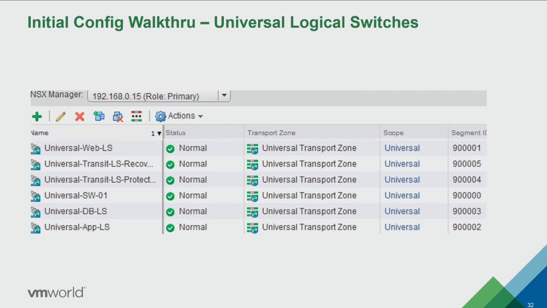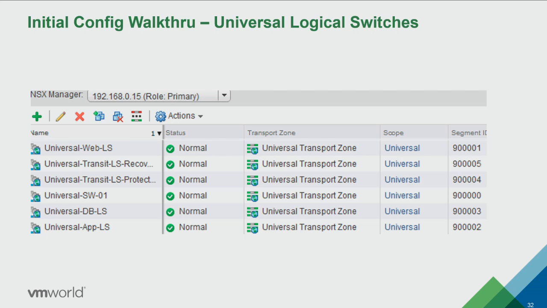So moving on, now I have the universal logical switches. We already talked about it. Logical switch lets you stretch your L2 across within a site. Universal logical switch lets you stretch your L2 across 8 sites. 192.168.10.0 subnet can exist simultaneously across 8 sites. As simple as that.